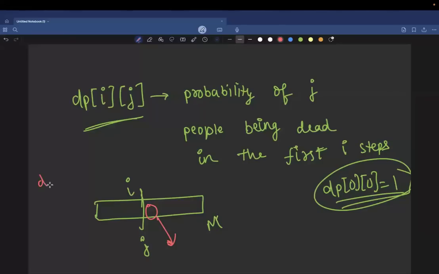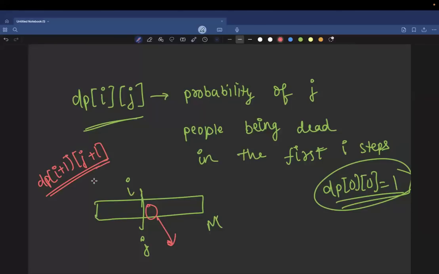So dp of i plus 1, j plus 1: if a person dies, then this state, which says that among the first i plus 1 steps, j plus 1 people are dead, would be achieved.